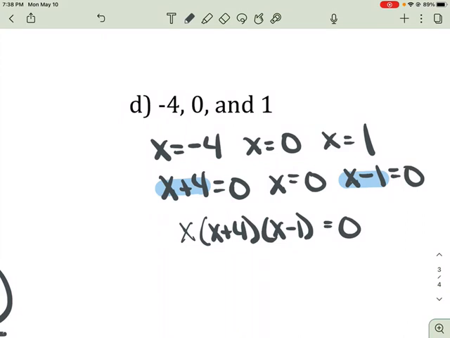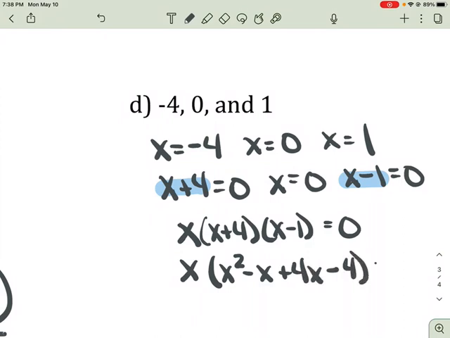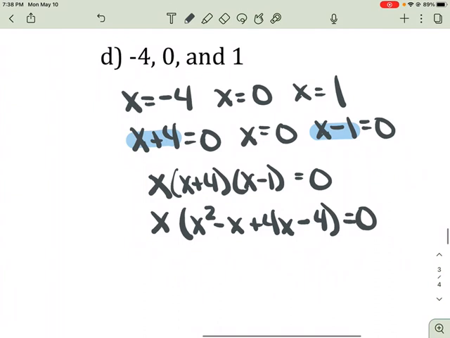So I'm going to start with the x plus 4 and the x minus 1, and I'm going to FOIL those. So this x is just going to hang out. I'm going to combine my like terms.